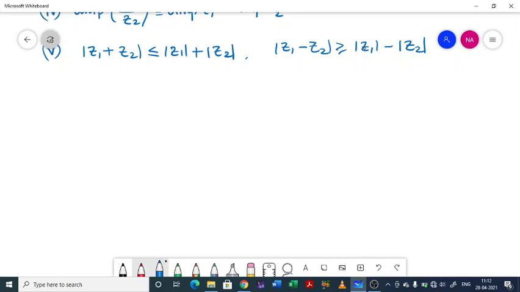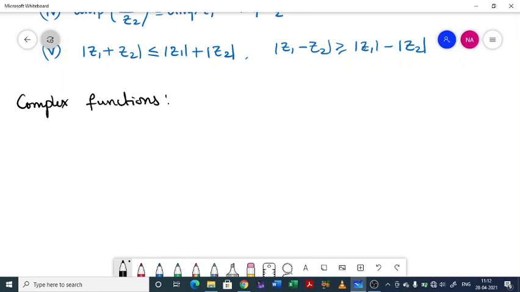Complex functions. We have already discussed real valued functions.